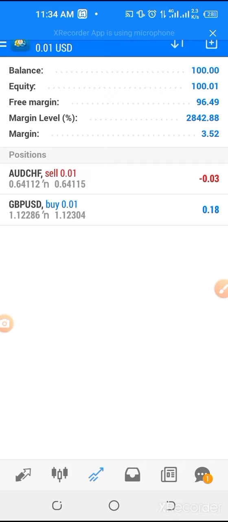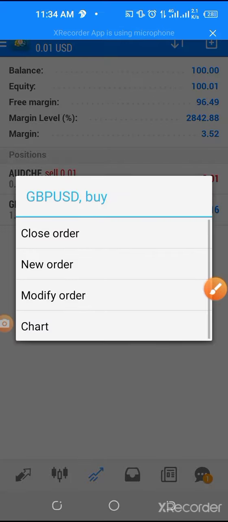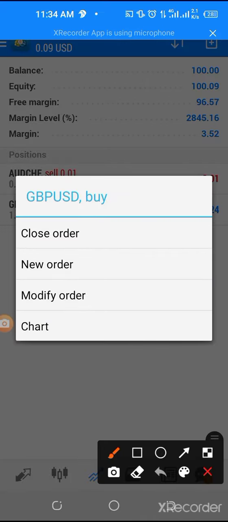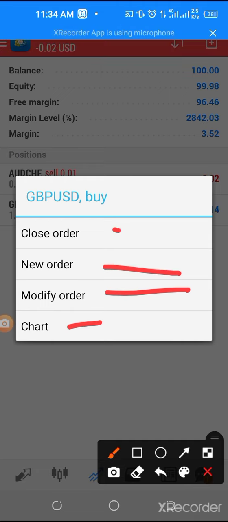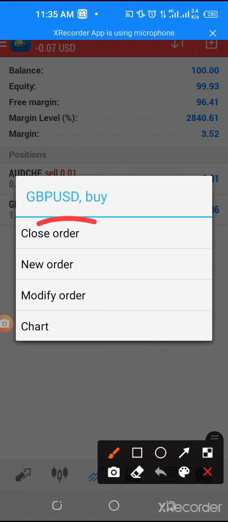The same applies to this GBP USD. I can press and hold, choose to modify the trade, add an additional position, or close the trade.